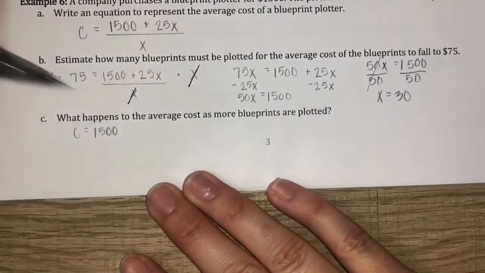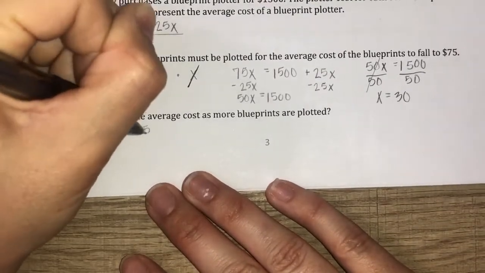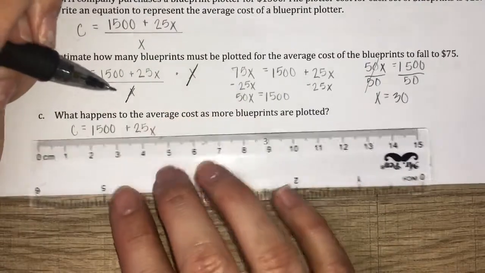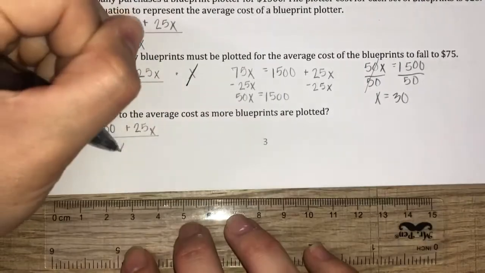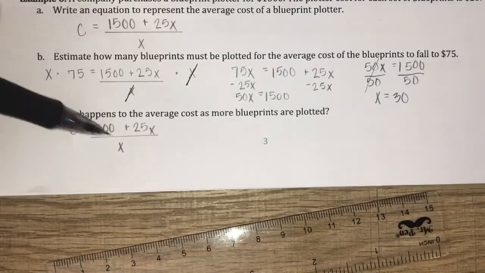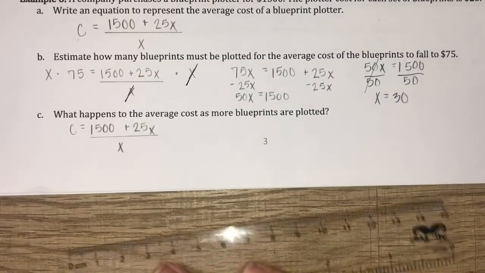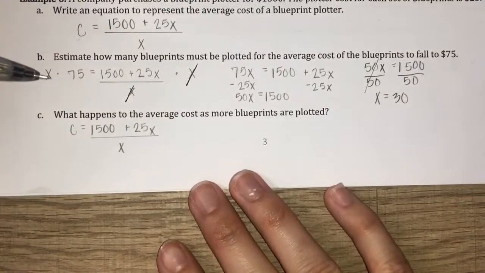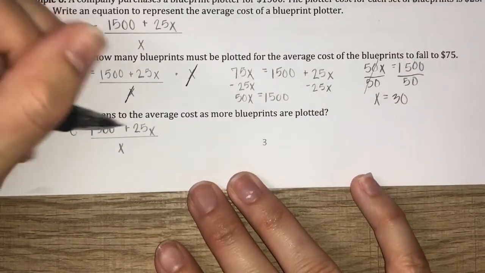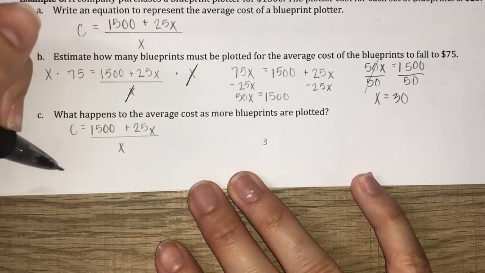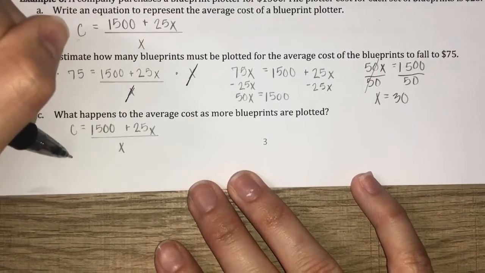So 1,500 plus 25x over x. And I'm just going to divide these both by x in order to rewrite it as a transformation. Whenever you have two different terms on top of the same numerator, you can separate it into two different fractions.